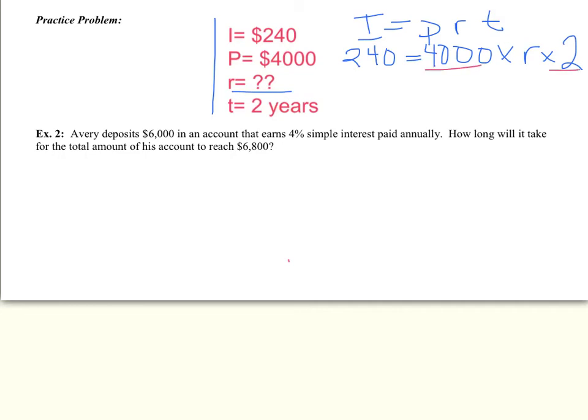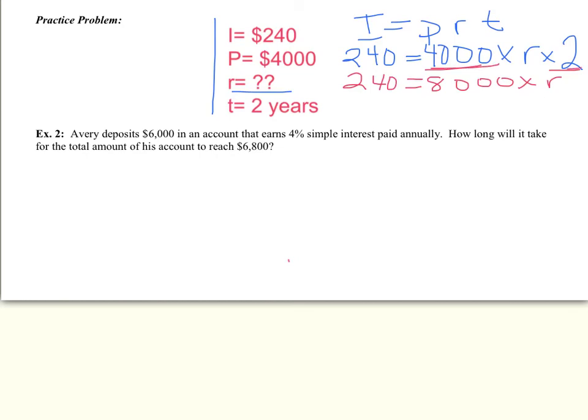So I know the 4,000 and I know the 2 years. So I just double my 4,000 and I still do not know my rate. So I leave the R. So my first step in this multiple step equation is to multiply what we know on the same side of the equal sign. So that's why I did the 2 and the 4,000.